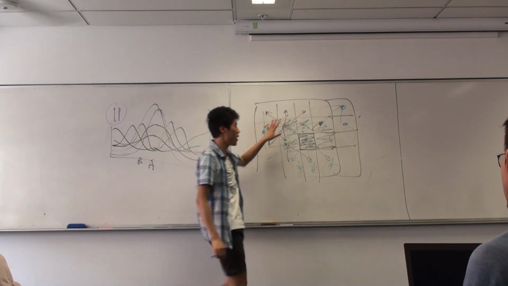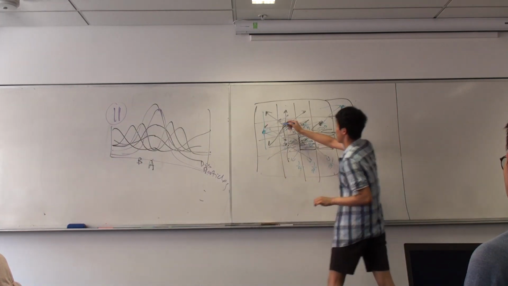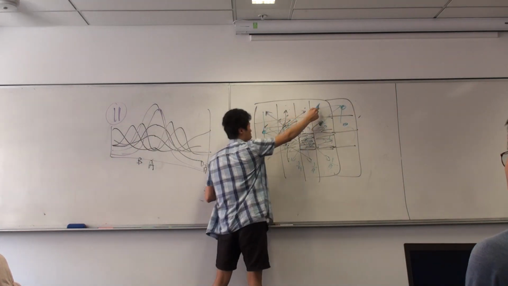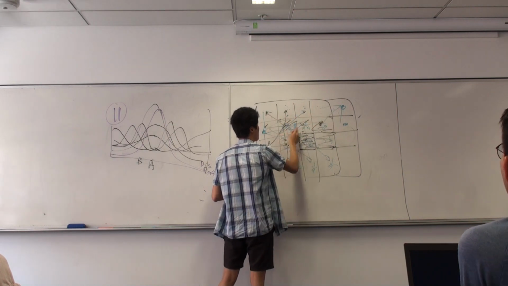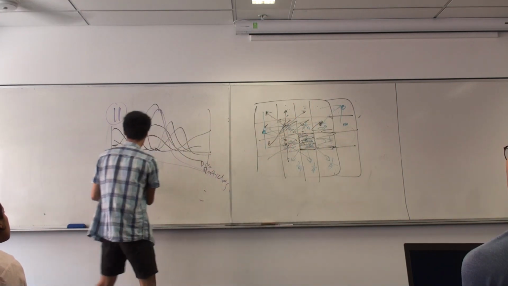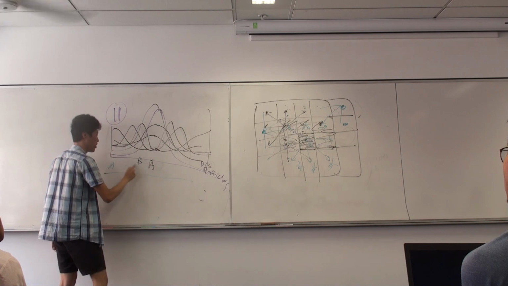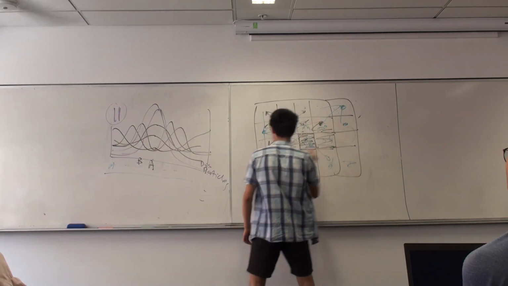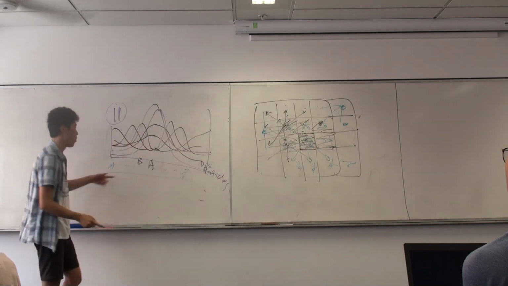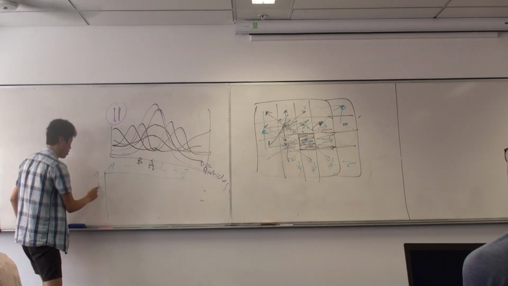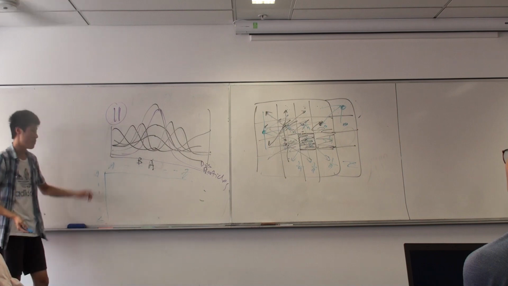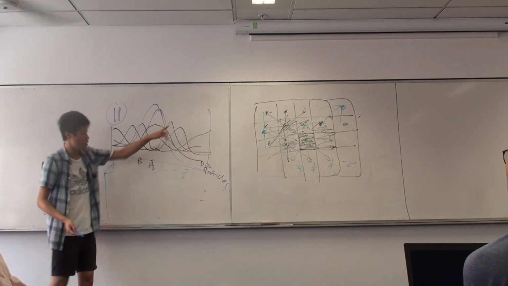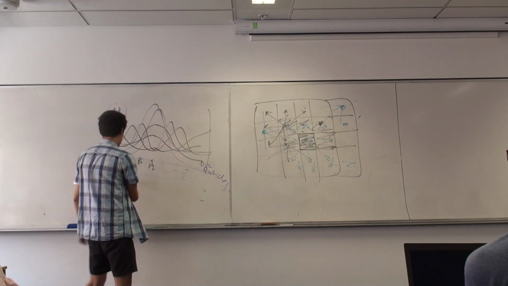If you write all the probabilities down, and consider each of these positions as A, B, C, D, E, F, G, and so on, you have a gigantic matrix from A all the way to Z. You have another matrix, A all the way to Z, and you just fill it all in.